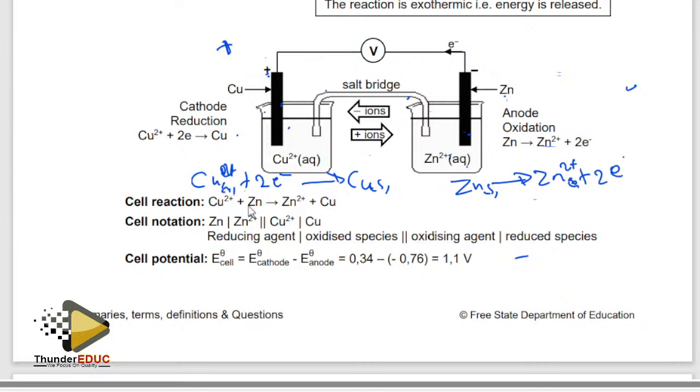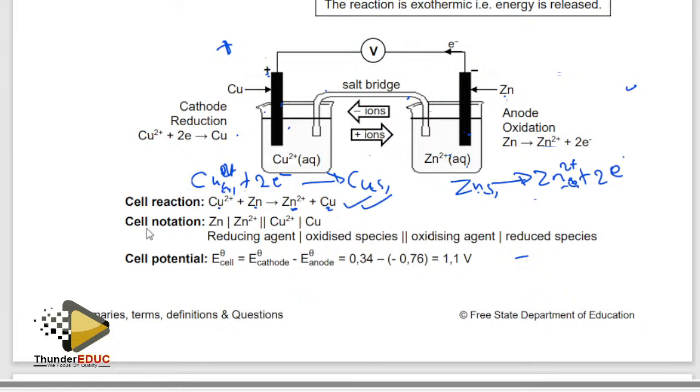So basically what happens here, I combine these two. Actually it's copper 2 ions plus zinc. This gives me zinc 2 ions plus copper. You understand? So basically that's what you do.